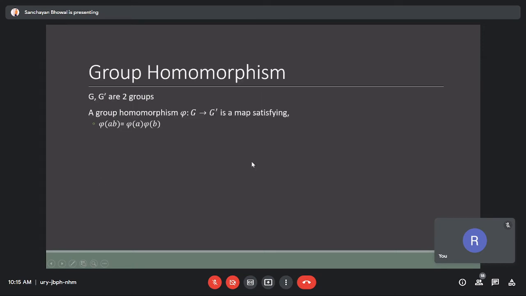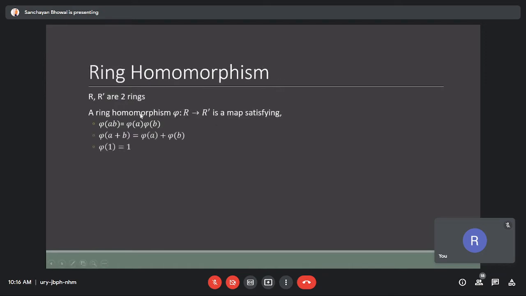Okay. Now we had something to relate two groups: a function which preserves the binary operation structure. Now we'll try to do it similarly for rings. So we have two rings. Again, we define a function or a map which satisfies these properties.